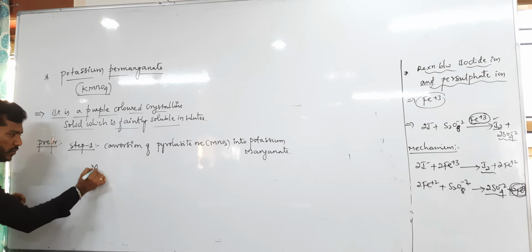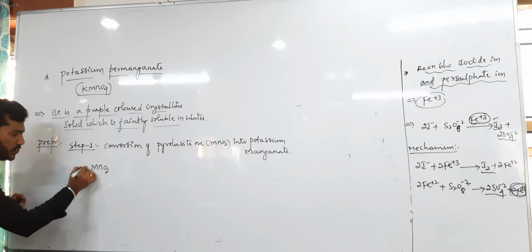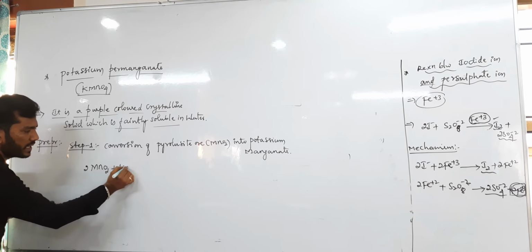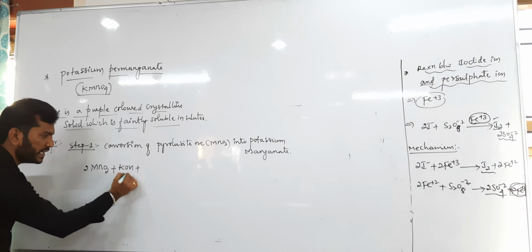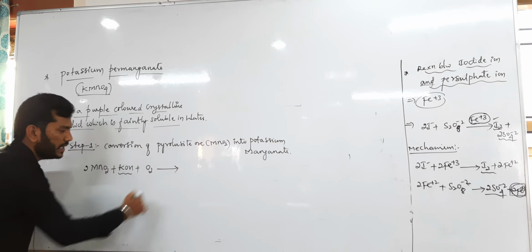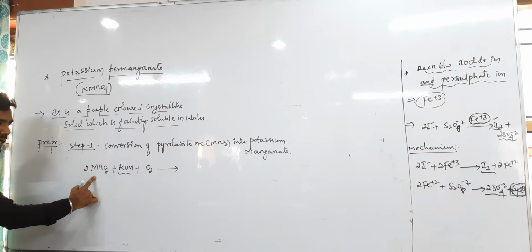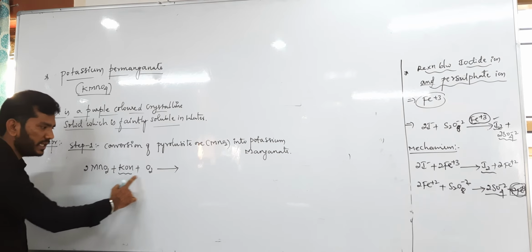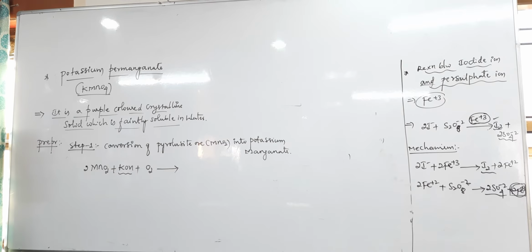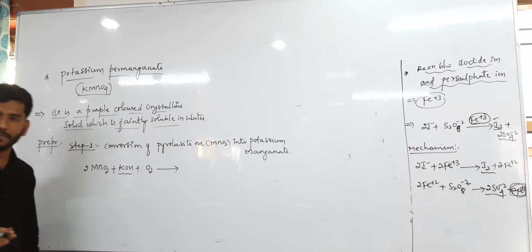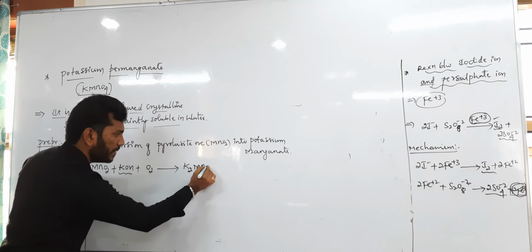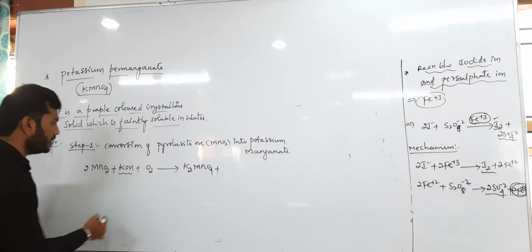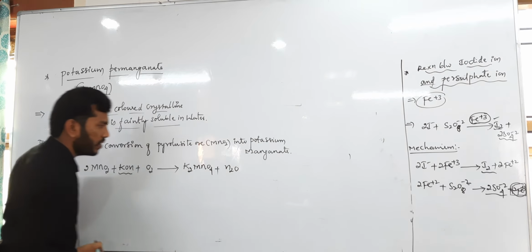Suppose I have MnO2, which has been fused with KOH solution, that is, fused with potassium hydroxide in the presence of atmospheric oxygen. We have pyrolusite ore fused with potassium hydroxide in the presence of atmospheric oxygen, and thereby we get our required compound, potassium manganate, K2MnO4, and as hydrogen has been used there, we got H2O.